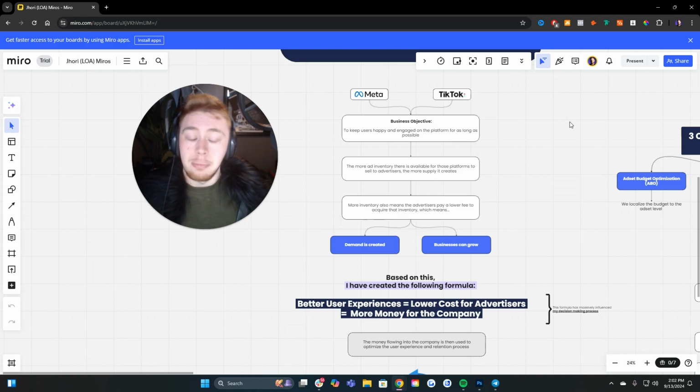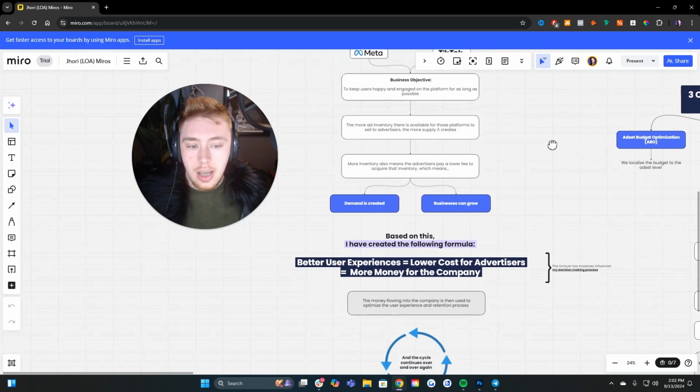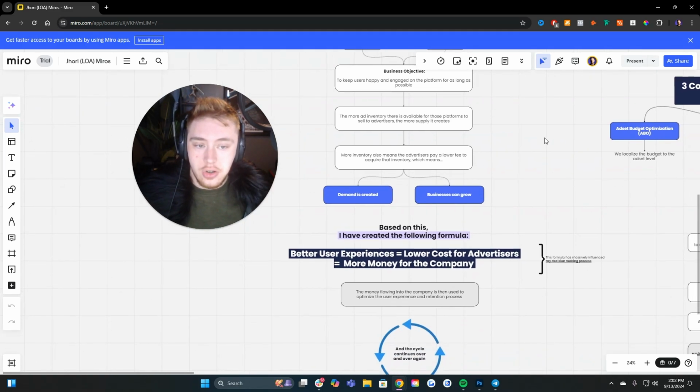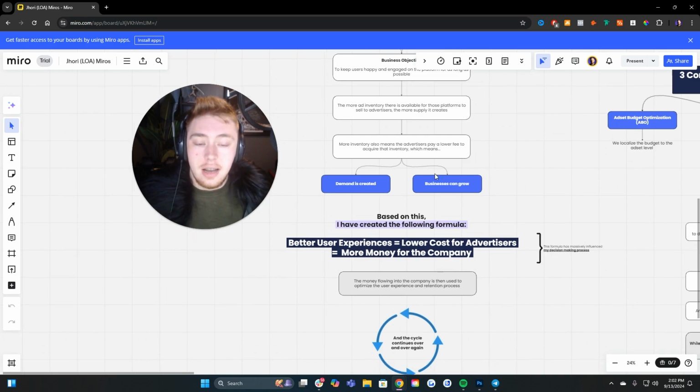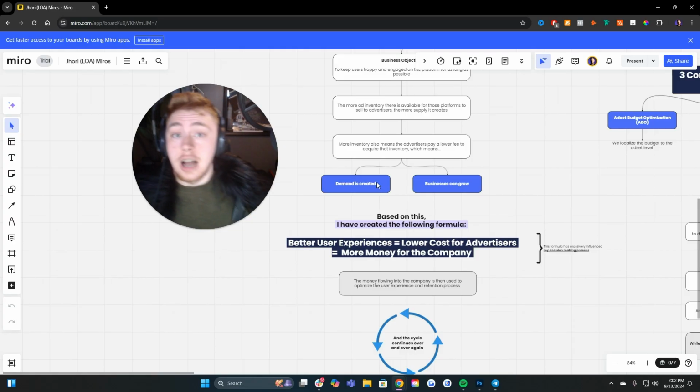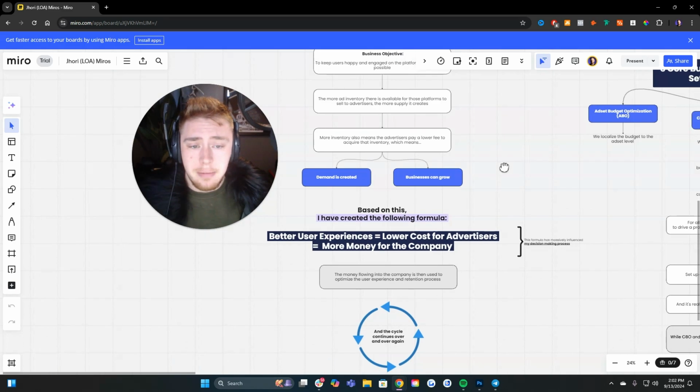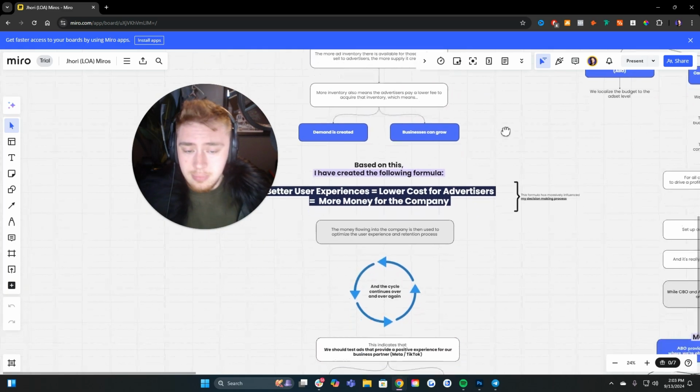A user represents a piece of inventory that can be sold to. The more users, the more ads that can show up in feed, right? And so, if there are more advertisers and more users, the company makes more money. Which means that if there's more demand, more users, ad inventory is a lot cheaper. Supply and demand, simple economics, right? Which means your business can grow.